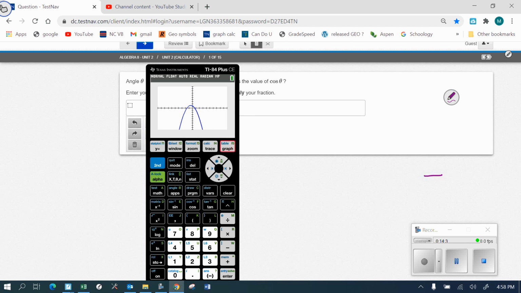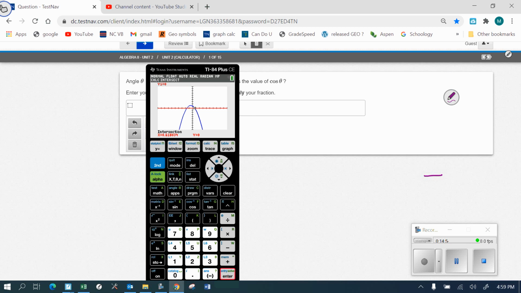Now, I want to find the exact values. I hit second trace, which is the calc button, and I want to find where it intersects. If I want to find where it intersects, I have to have another equation: y equals 0. That's the x-axis. So now I'm going to find where it intersects the x-axis, called the x-intercepts, roots, zeros, or solutions, as we already wrote down. So second calc, intersect, number 5. Hit enter, enter, enter.